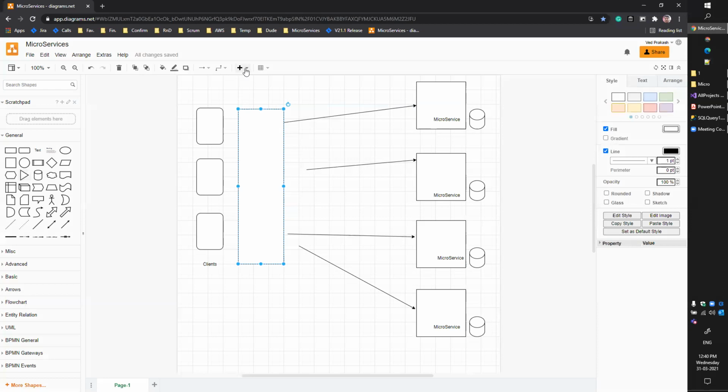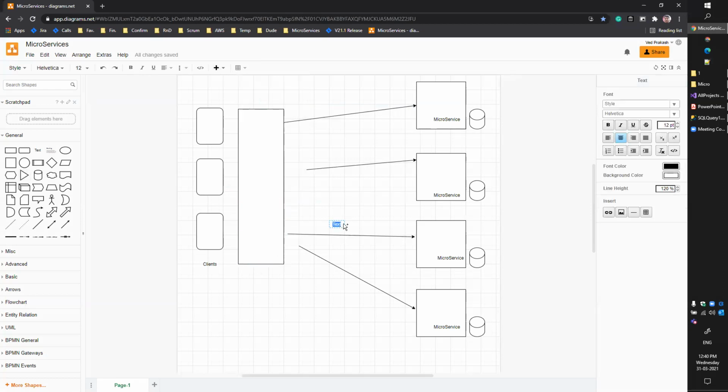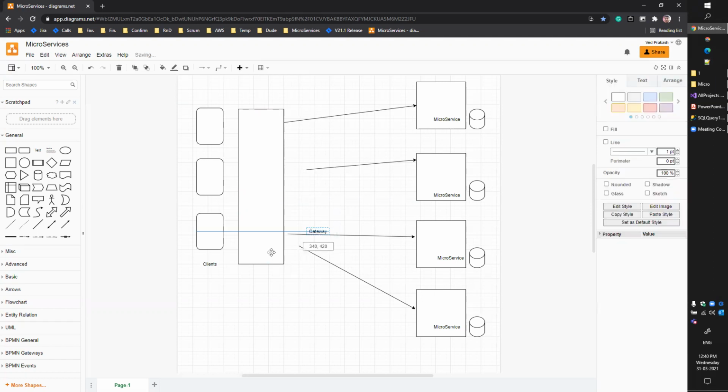So now this is the gateway. This has come into the picture. Now, if the client has to talk to any microservice, the client does not have to worry about the IP addresses, the moving parts, or ports.